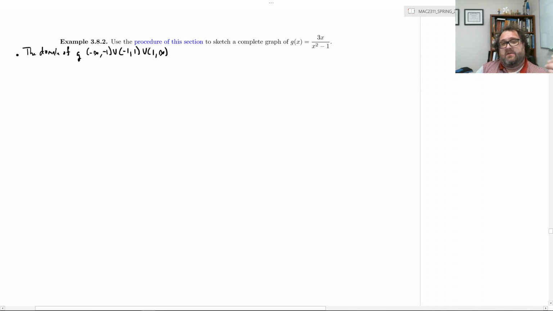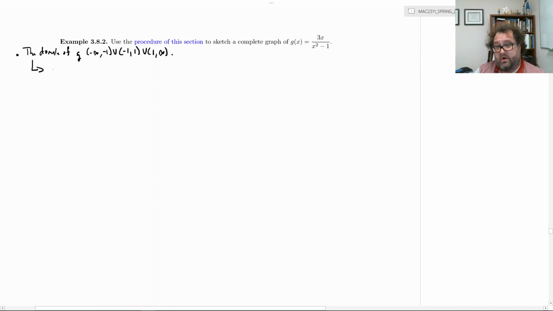Now, specifically, we can talk about what happens at plus and minus 1. So the discontinuities, of course, but they are what? Well, at plus and minus 1, notice this is a rational function. So if the denominator is 0 at plus and minus 1, but the numerator is non-zero, then those will be vertical asymptotes. Both make the denominator 0, but both make the numerator non-zero.